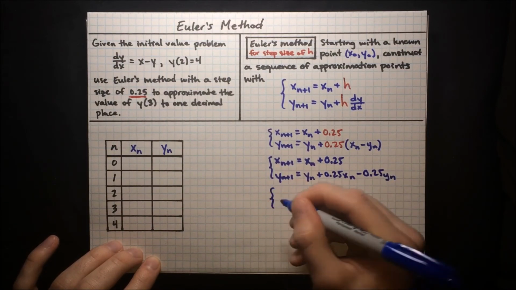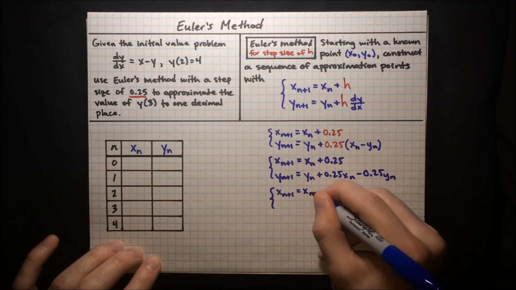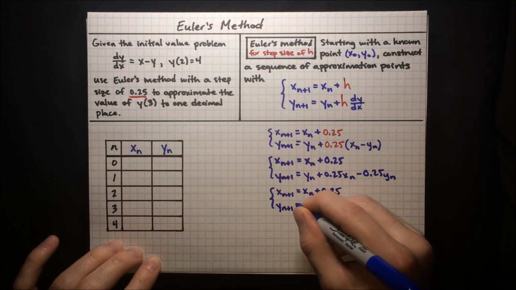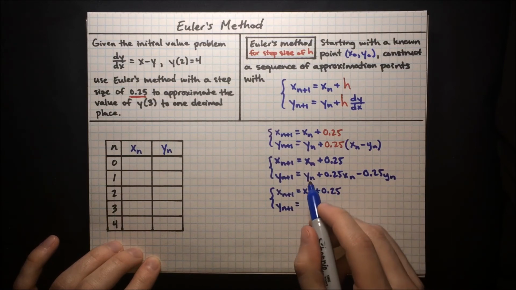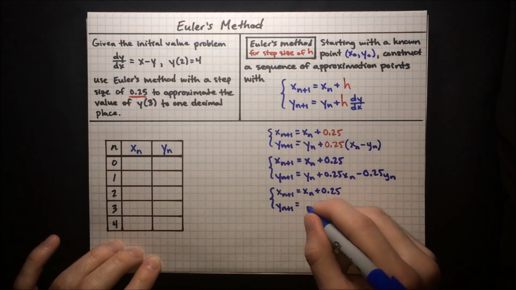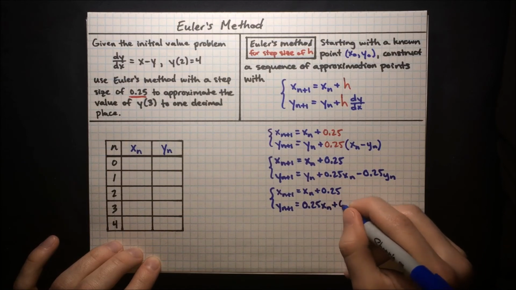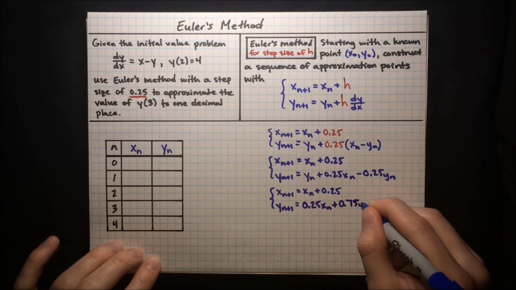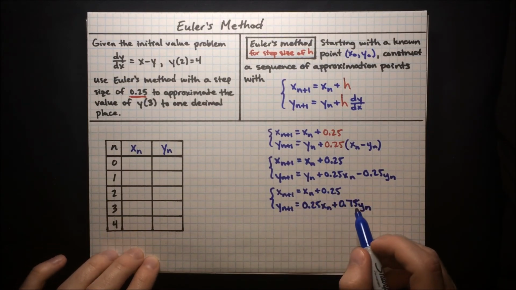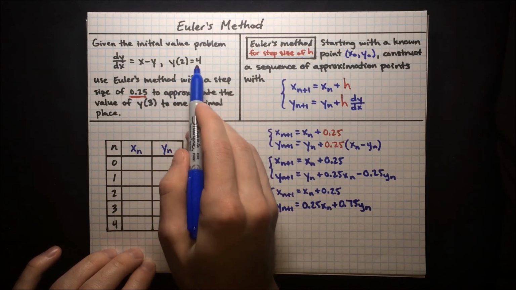So our final round of simplifying, we've got x_{n+1} equals x_n plus 0.25, and y_{n+1} equals y_n minus 0.25 y_n plus 0.25 x_n. So this is just 0.25 x_n plus 0.75 y_n. Alright, so these are our equations that we're going to be using, and we're starting with the point indicated by our initial condition here: x is 2, y is 4.